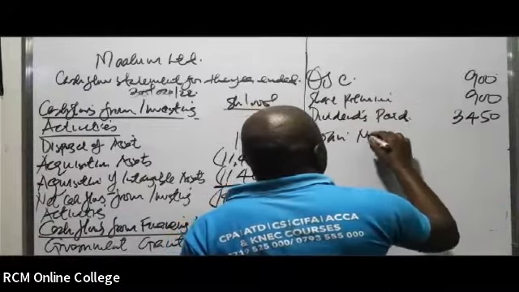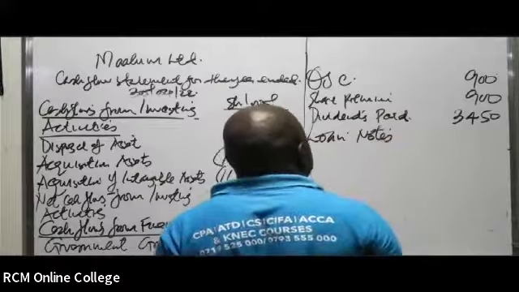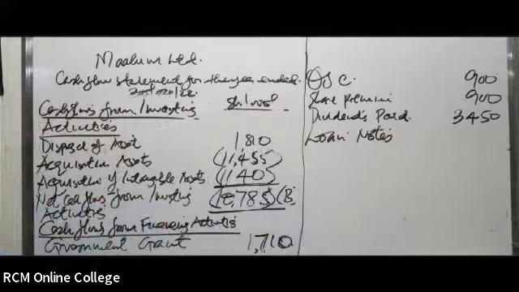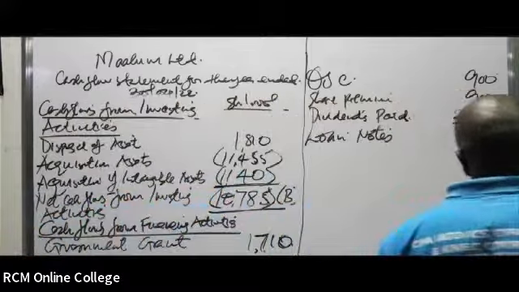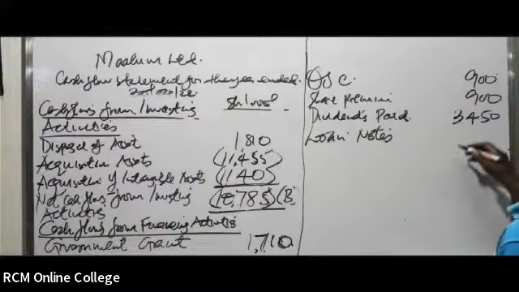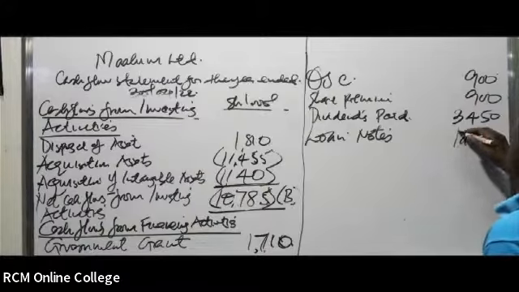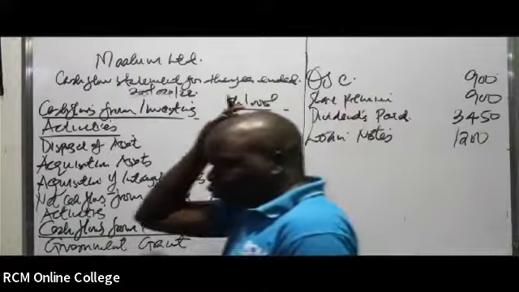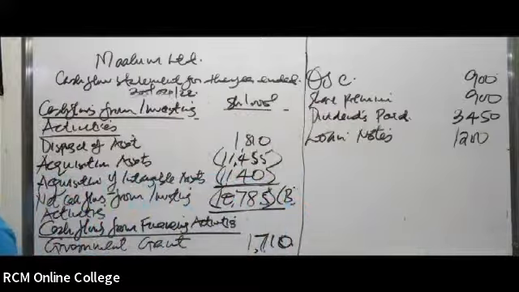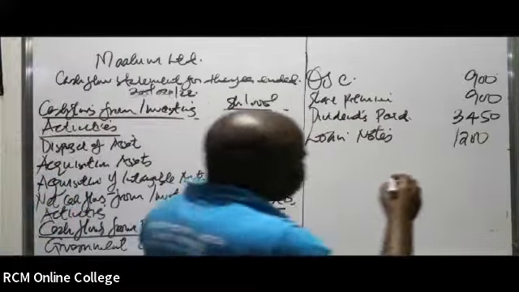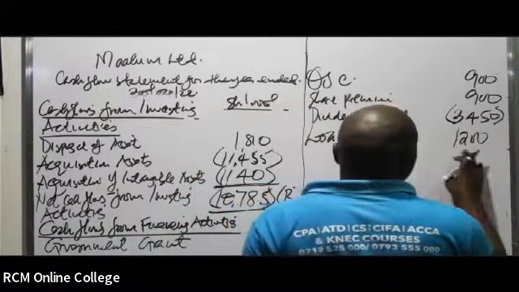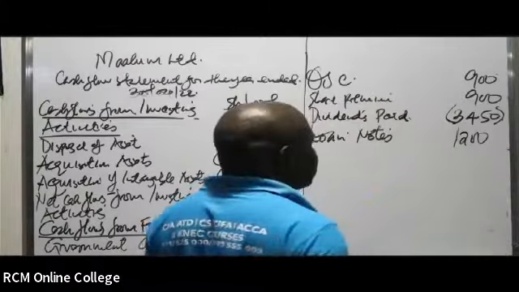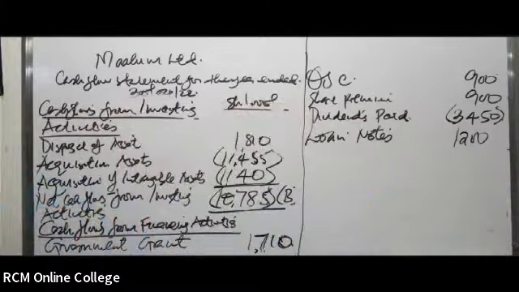Then you have the loan notes. Remember, they gave out loan notes of 3 million. But they didn't receive the entire amount. They only received 1.2 million. So this one was an outflow, so we deduct. If you look at the loan notes from the start of the period to the end of the period, it is increasing by 3 million.